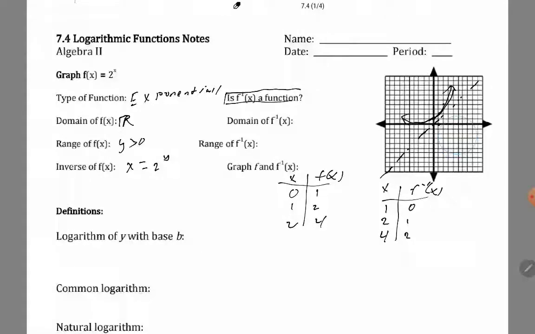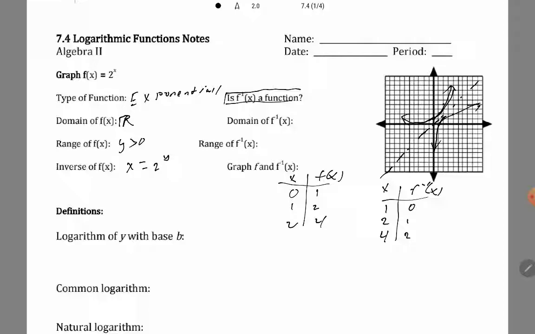Oops, went the wrong way. 2, 1, and then 4, 2. So mirror image.